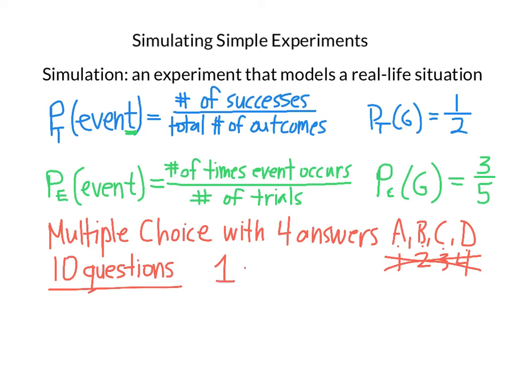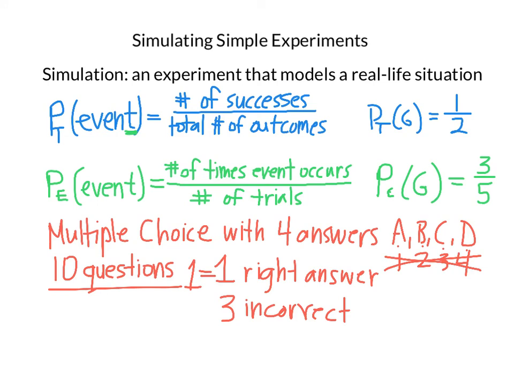There's only one right answer, or correct answer, and there are 3 incorrect answers, right? So number 1 would represent it, or number 2 or number 3 or number 4. If your favorite number is something else, you could choose any one of them. I'm going to go with 1 equaling my 1 right answer, and 2 through 4 are going to represent an incorrect answer.